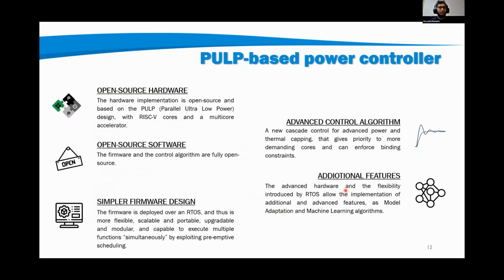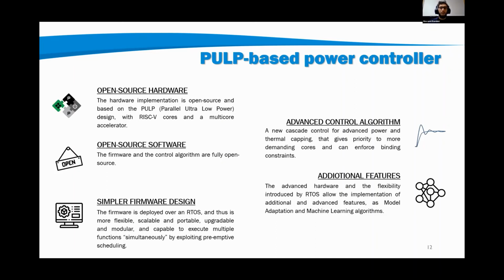Hello, thanks, Andrea. When we decided on the design for the PCS, we opted for open source hardware and software. And so we went for the PULP project for the hardware, which, as Andrea said, is powerful and also energy efficient, and also quite innovative, and can support more advanced algorithms and also machine learning quite easily.